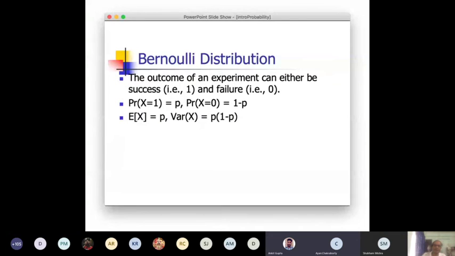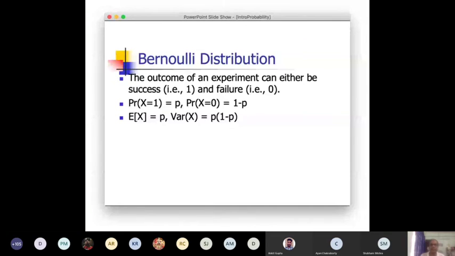Because the values are 1 and 0: P times 1 plus (1 minus P) times 0, and 0 multiplied by anything is 0. Right. So the values are important, isn't it? If I take different values, then naturally the expectations will be different. If the value of x is represented by two different values, then you should not consider the expectation of x to be equal to P. You should also understand that.